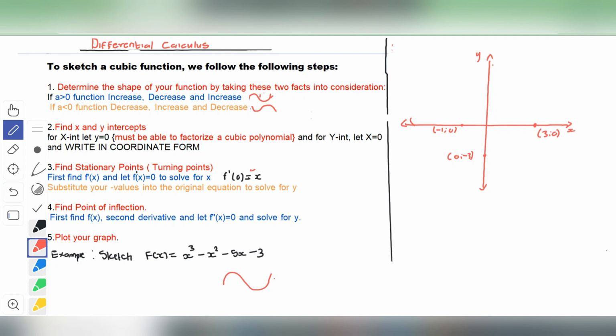What about the turning points? The turning points, here they are, from here to somewhere here, right? This is the turning point, which is what and what? Which is 5 over 3 and negative 256 all over 27, right?